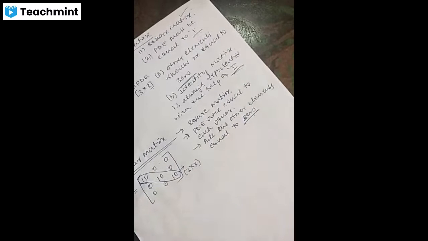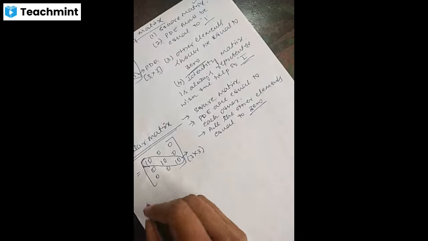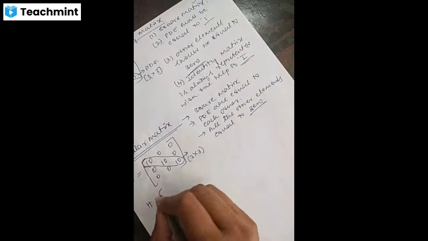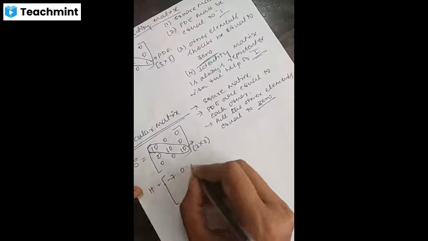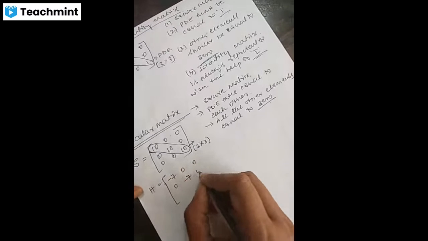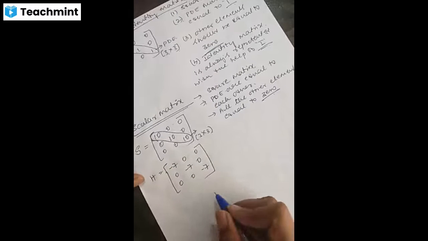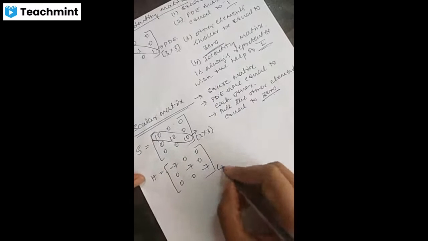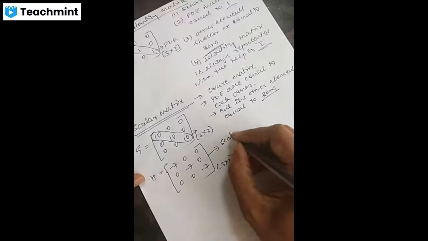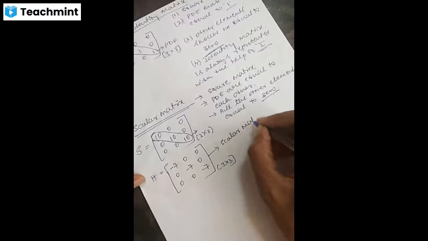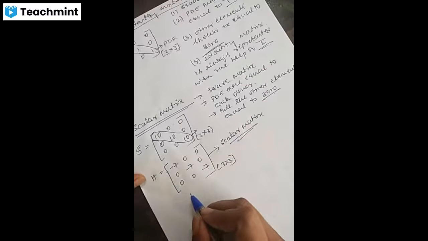Equal to 0. Right? For example, matrix X is minus 7, 0, 0, 0, minus 7, 0, 0. Is this a scalar matrix?